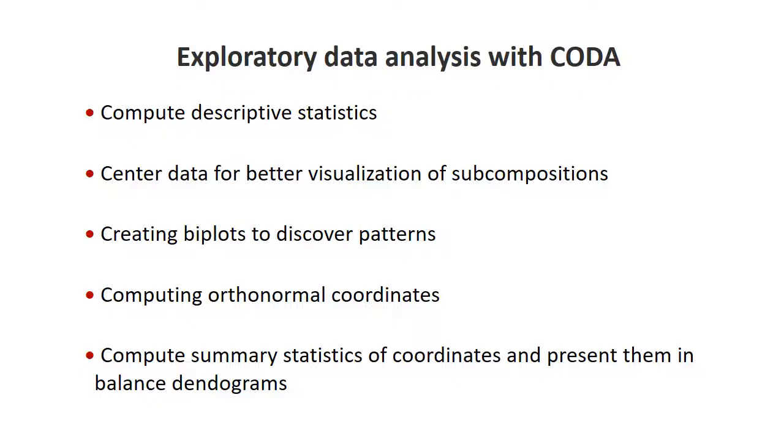It'll possibly also help us in determining what ternary diagrams we should be looking at, and help us in understanding what log ratios we should be looking at, etc. Then we'll be computing orthogonal coordinates as before. Orthonormal would be the ILR components, but we can also look at ALR and CLR components. We'll not talk too much about dendrograms and balance diagrams, but feel free to read up on that in the HSM book.